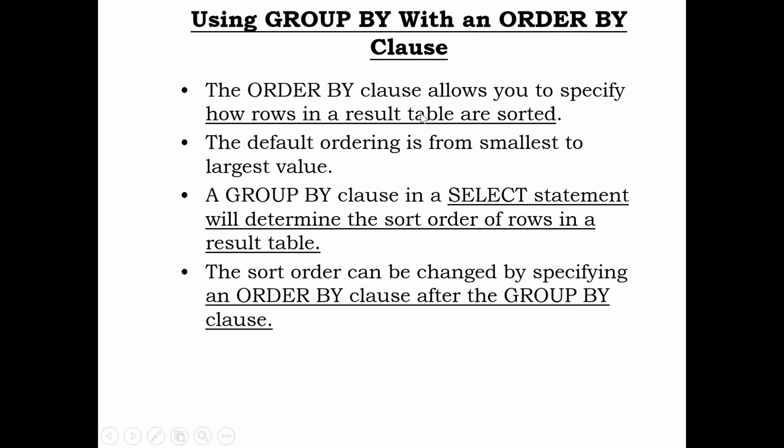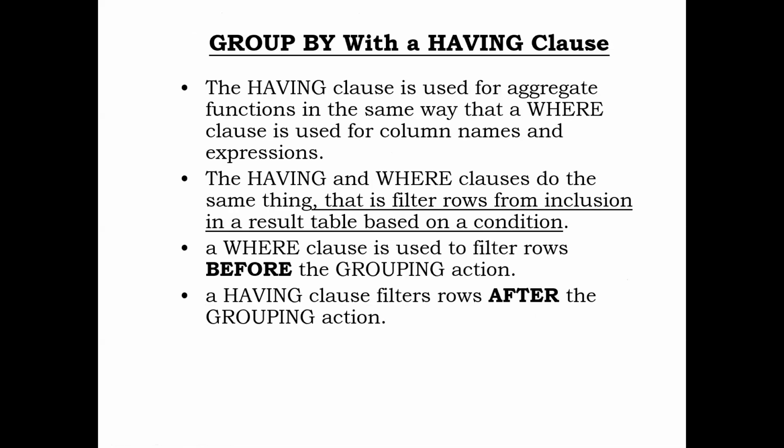The order by clause allows you to specify how rows in a result table are sorted. The default ordering is from the smallest to largest value, and the group by clause in a select statement will determine the sort order of rows in a result table. The sort order can be changed by specifying an order by clause after the group by clause.